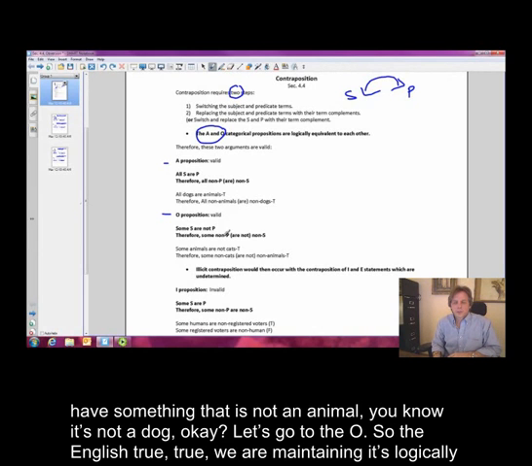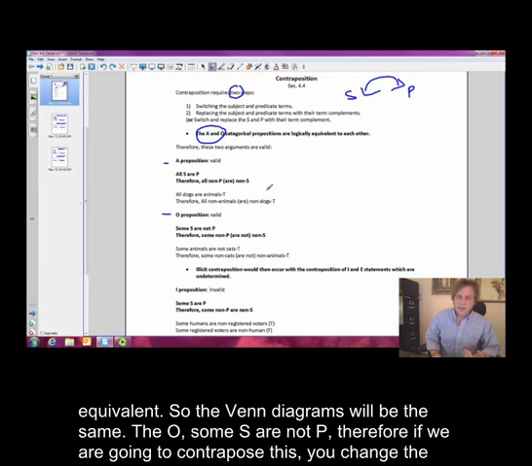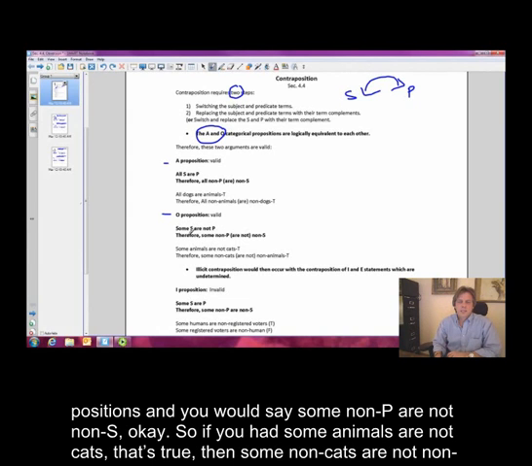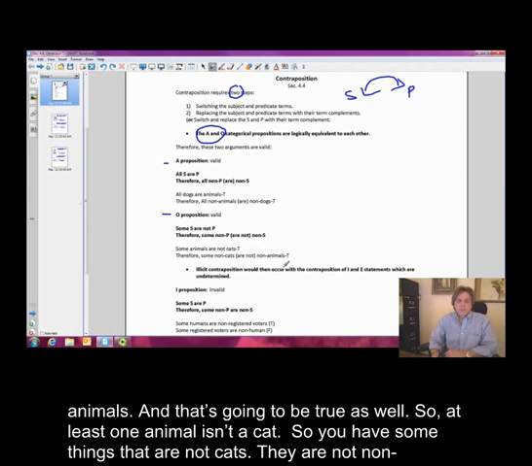So the English is true, true, and we're maintaining that it's logically equivalent, so the Venn diagrams will be the same. The O: some S are not P. Therefore, if we're going to contrapose this, you change the positions and you say some non-P are not non-S. Okay, so if you had some animals are not cats, that's true, then some non-cats are not non-animals, and that's going to be true as well.